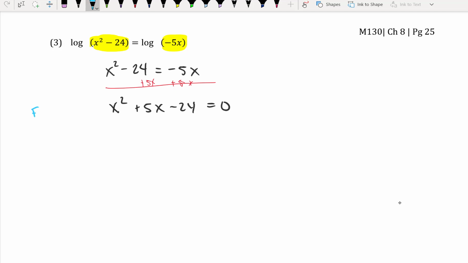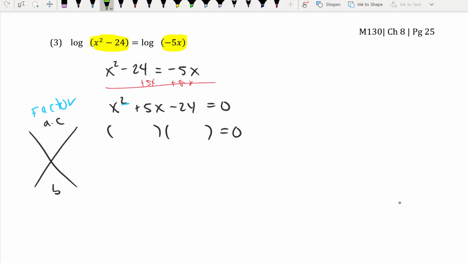From here, I'm going to factor, and I know I'm going to factor because I have a degree 2 polynomial. If you need to do the AC method, that's fine, where I have my A, my B, and my C. But I know that I want to multiply to a negative 24 and add up to a positive 5.